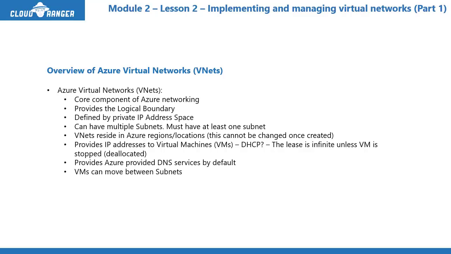It provides the logical boundary, like I mentioned in the previous lesson, of how your specific network looks. It's typically defined by a private IP address space, and this is very important. I'll get into a little more detail in the next slide. But you have a private IP address that will define your network. It will be your network ID.